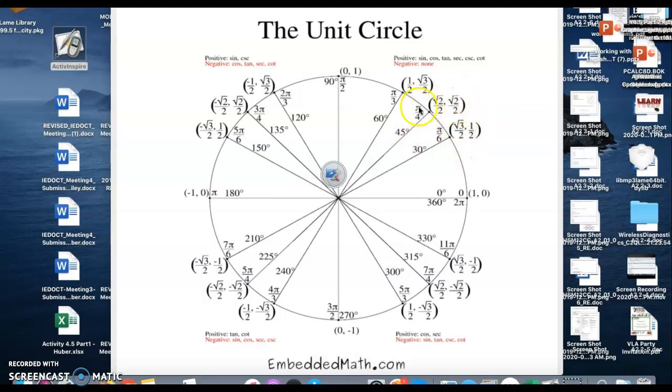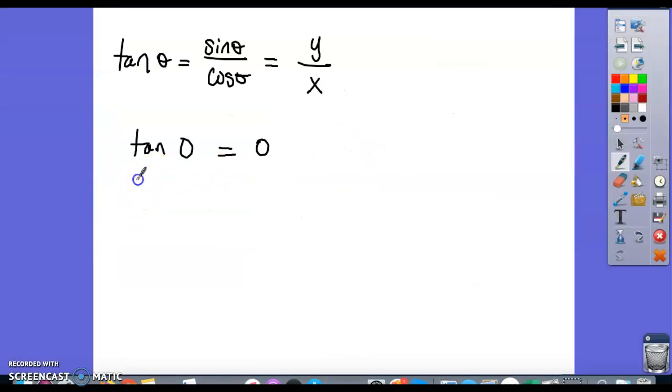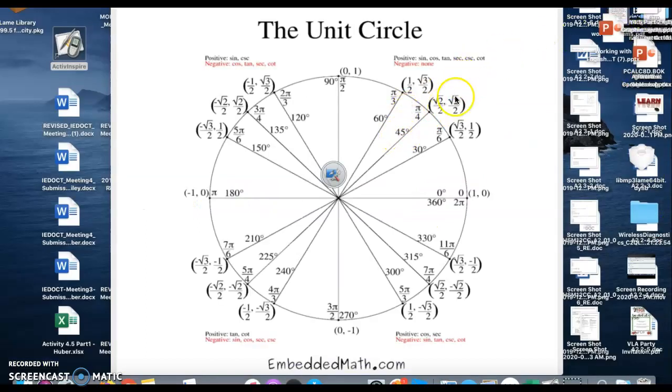However, for pi over 4, I'm dividing square root of 2 over 2 by square root of 2 over 2. Anytime I divide something by itself, that's just 1. So I'm going to consider that a point on my graph. The tangent of pi over 4 is 1. I don't want to try and divide square root of 3 over 2 by 1/2. It's just complicated, so I'm going to skip that.